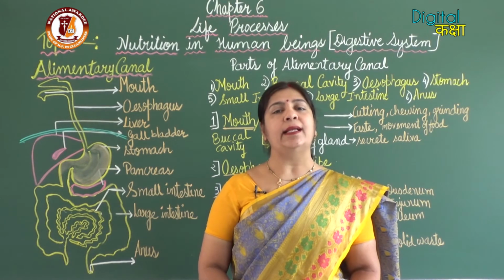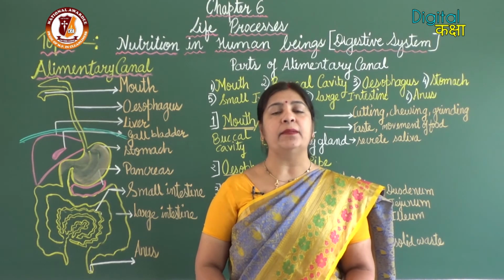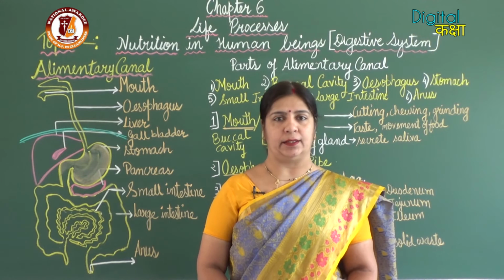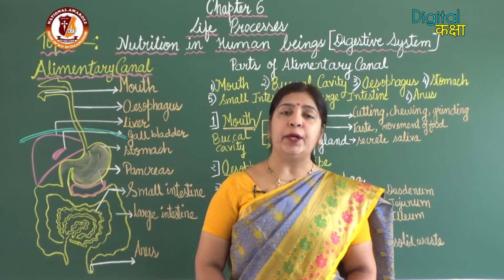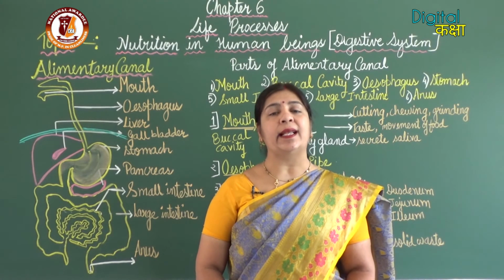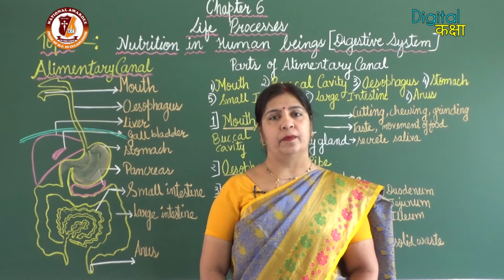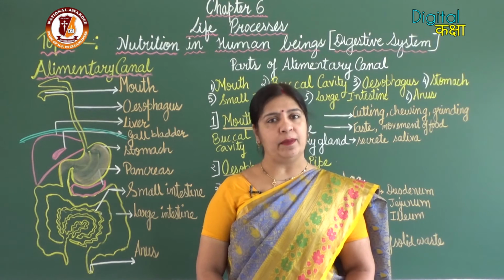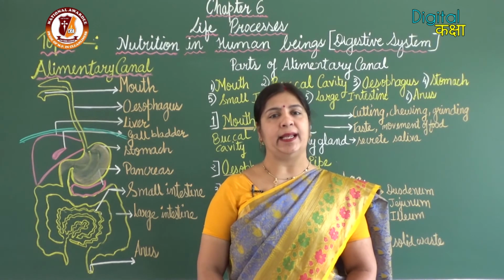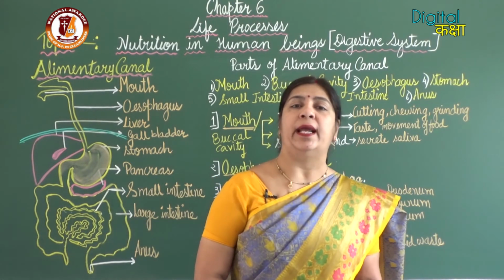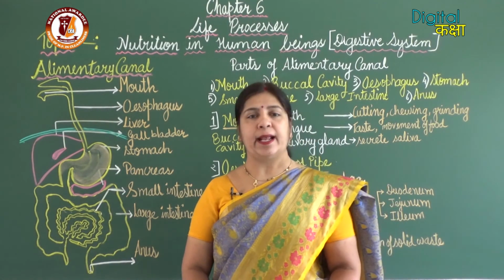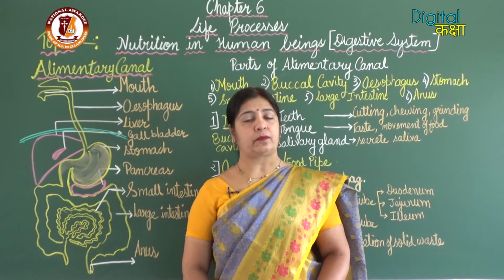It is an exocrine gland because it secretes pancreatic juice through a duct, so it is a duct gland. It is an endocrine gland because it secretes the hormone insulin directly into the blood.